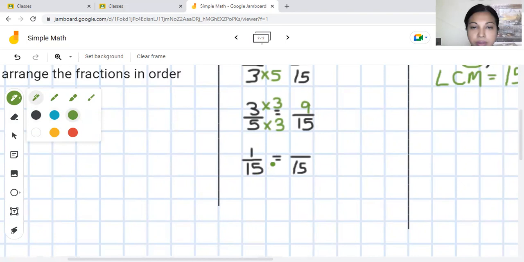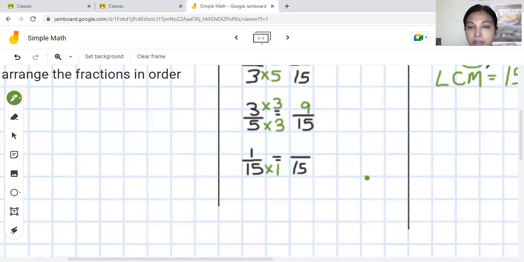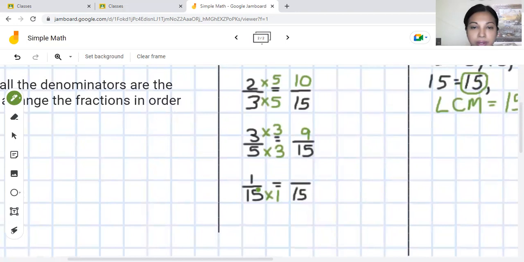So I need to multiply by 1. So 15 times 1 is 15. All right? So whatever I do to my denominator, I'm going to do it to my numerator.